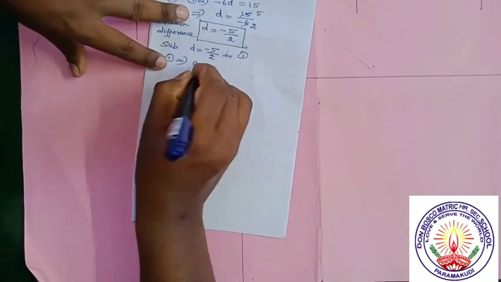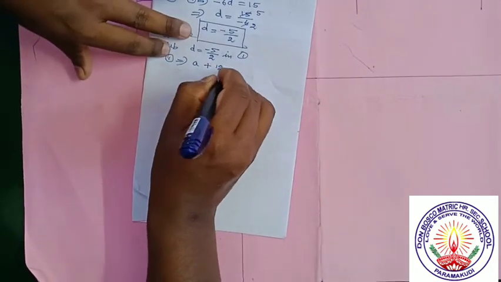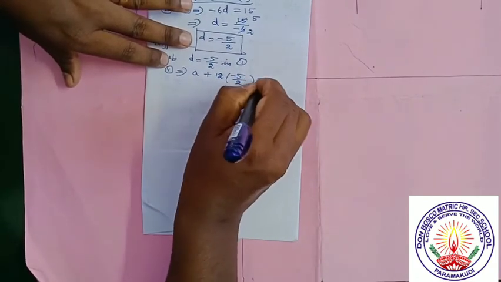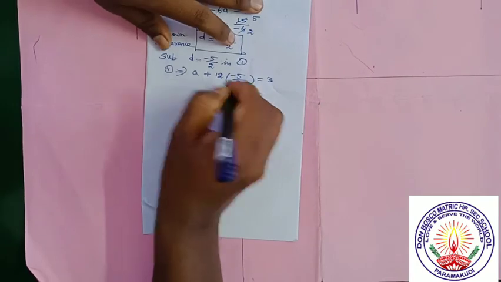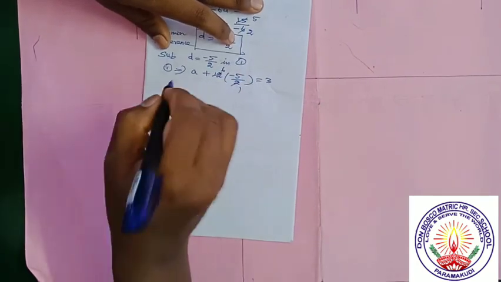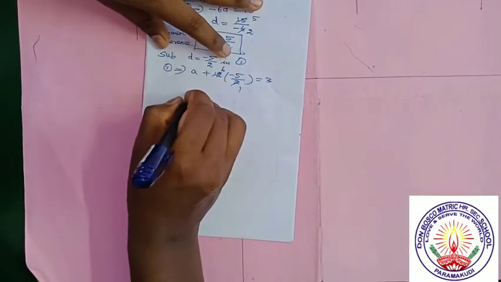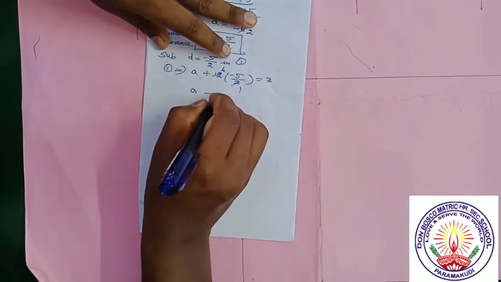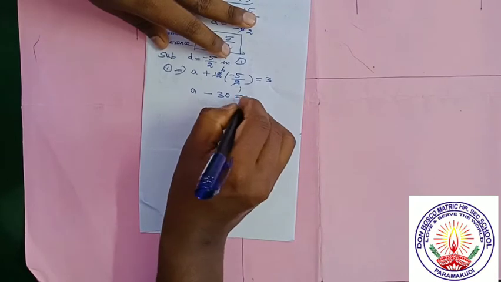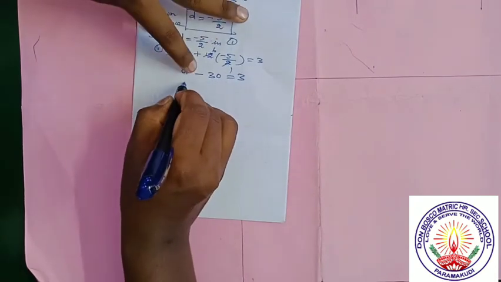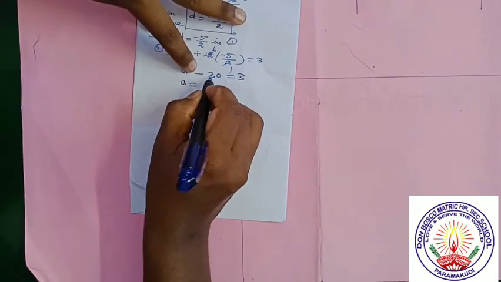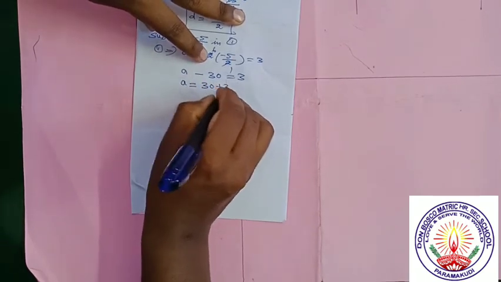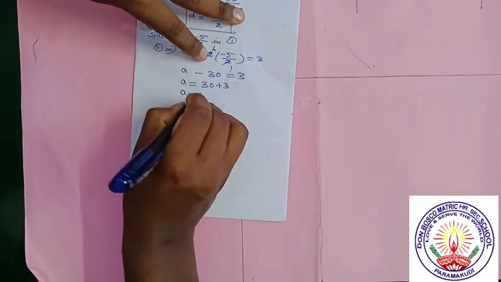So A plus 12 into minus 5 by 2 is equal to 3. Now we can cancel: 6 twos are 12, so A plus 6 into minus 5, that is minus 30, is equal to 3. We need the value of A. So A is equal to, this minus 30 will become plus 30, so 30 plus 3 is equal to 33. So A is equal to 33.